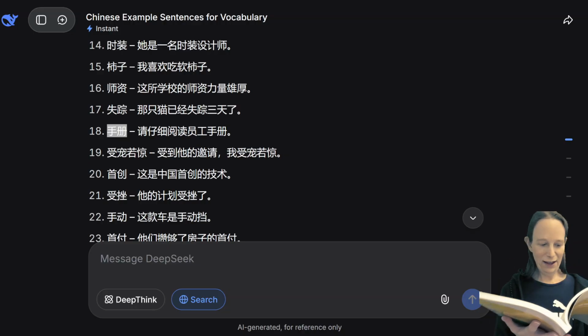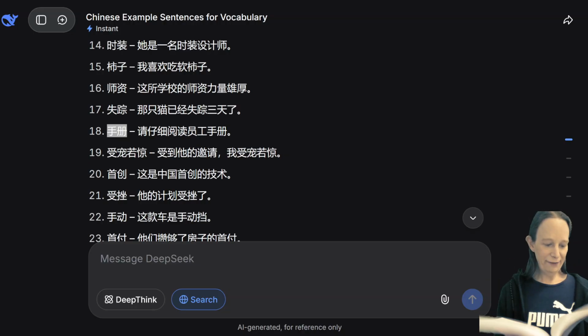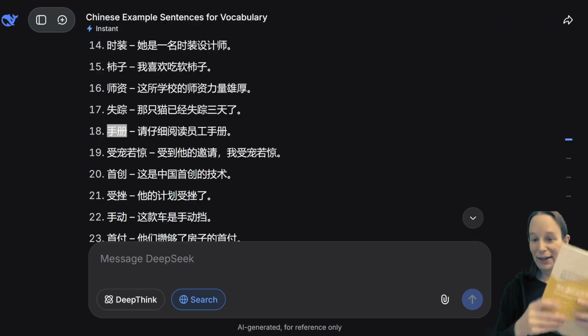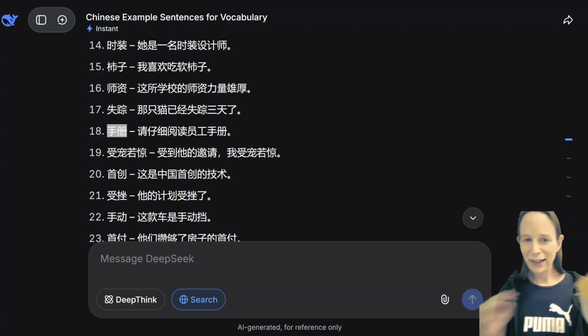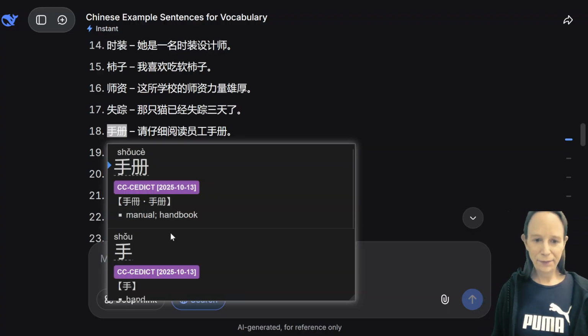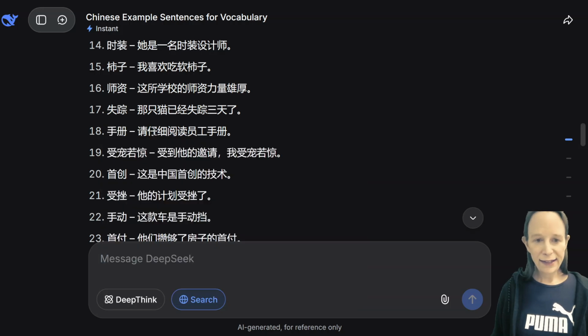This is a book I bought to study HSK vocabulary. This is level 6 and I didn't really use it, but it exists. 手册 is like manual or handbook or something. I presume those are the translations it gives. Yeah. 请仔细阅读员工手册, yeah, the employee manual or employee handbook.